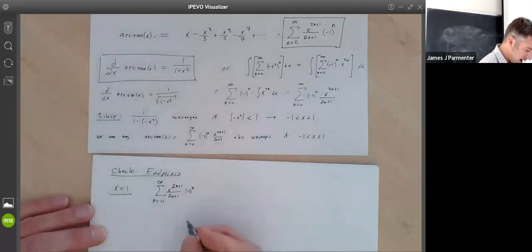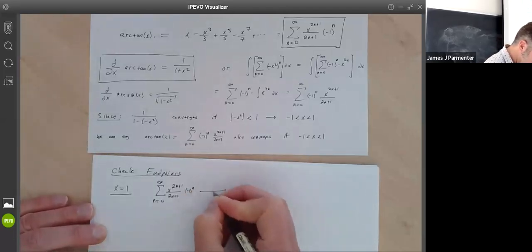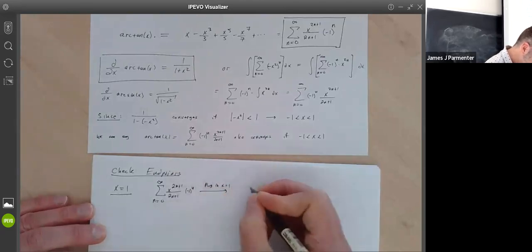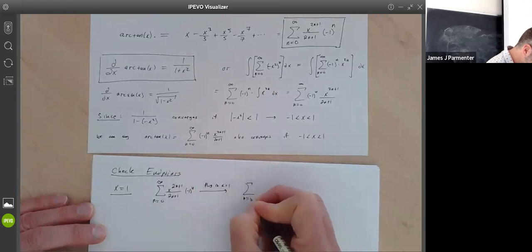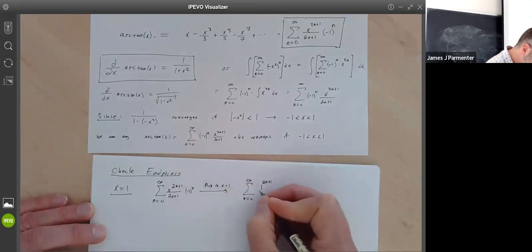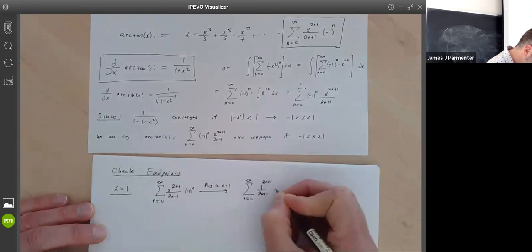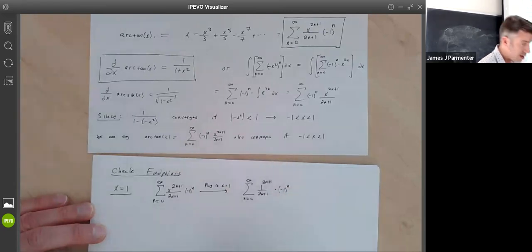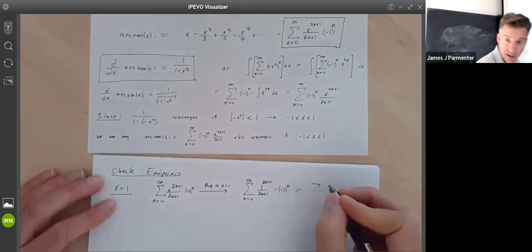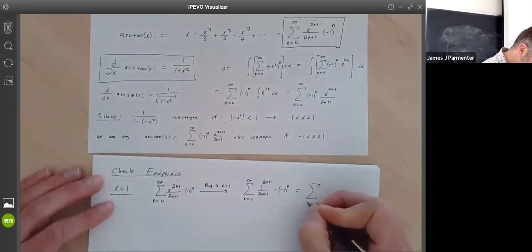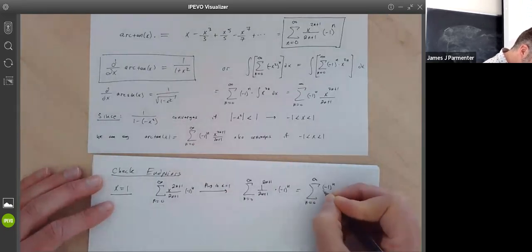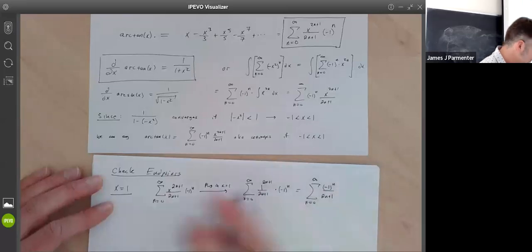I'm just going to plug in 1 for x, and we get the series from n equals 0 to infinity of 1 to the 2n plus 1 over 2n plus 1 times -1 to the n. 1 to any power is 1, so we write this as the series from n equals 0 to infinity of -1 to the n over 2n plus 1.